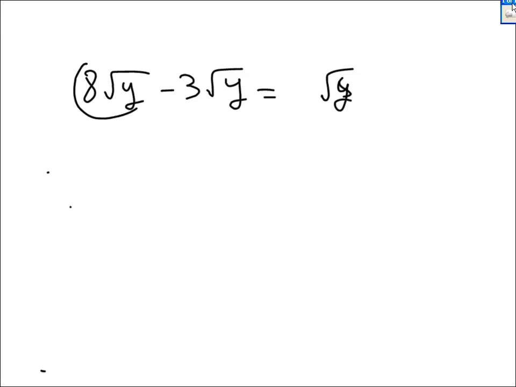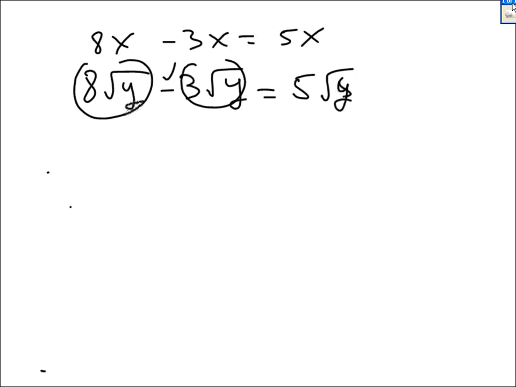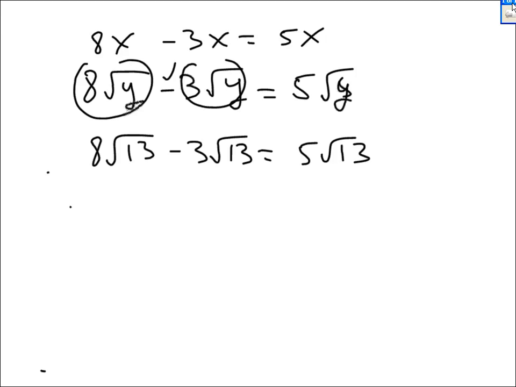I have 8 of them here, and I'm taking away 3 of them. I have 5 of them. When you think the square root of y is x, you have 8x, and you take away 3 x's, you have 5 x's. If you have 8 square root of 13, then you take away 3 square root of 13, you're left with 5 of them.